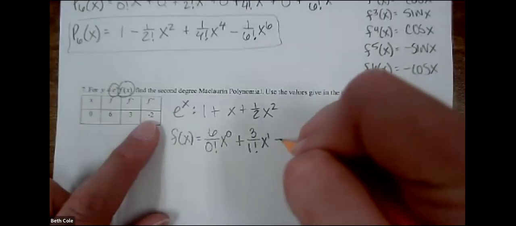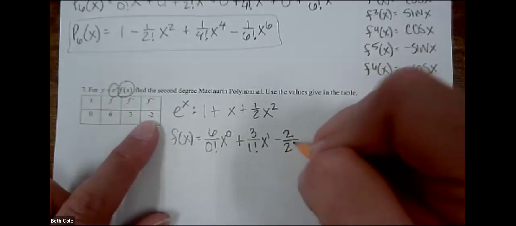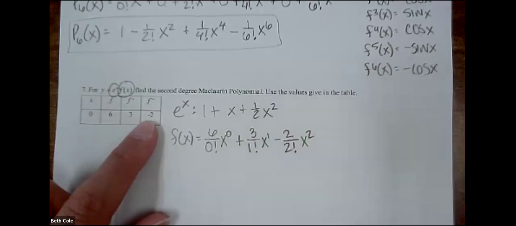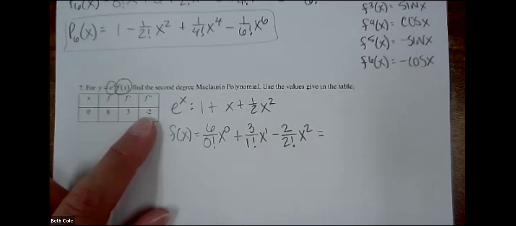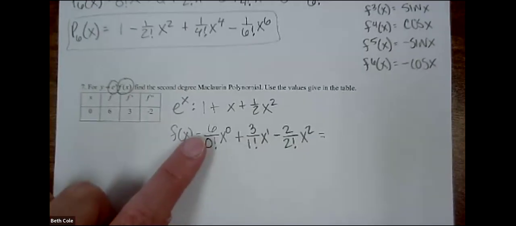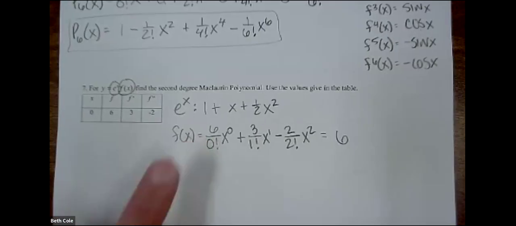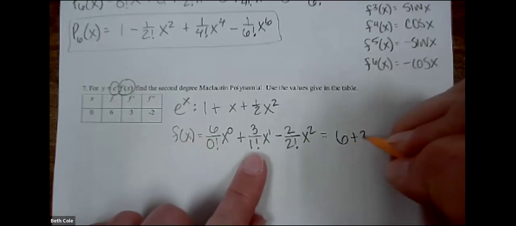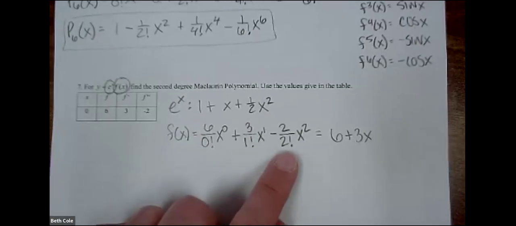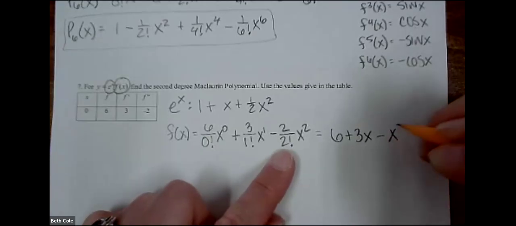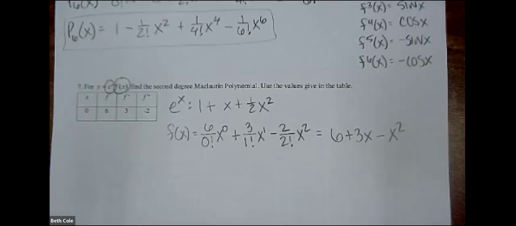And then negative 2 over 2 factorial x to the second. All right, so let's clean that up. The first term would just be 6. And then this one would be 3x. And then this one would be minus 2 over 2, which is just 1, and then x squared.